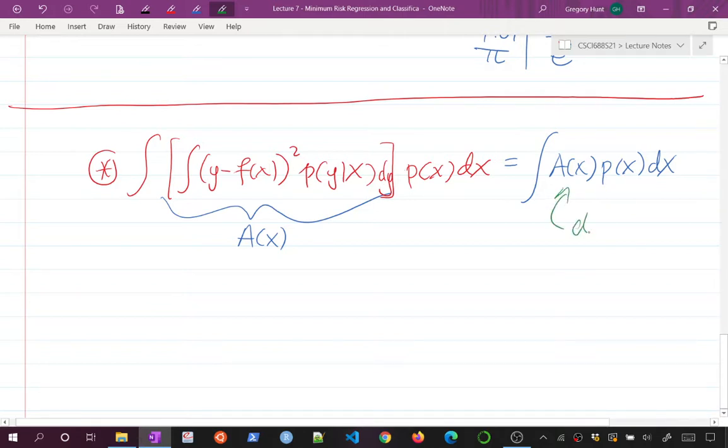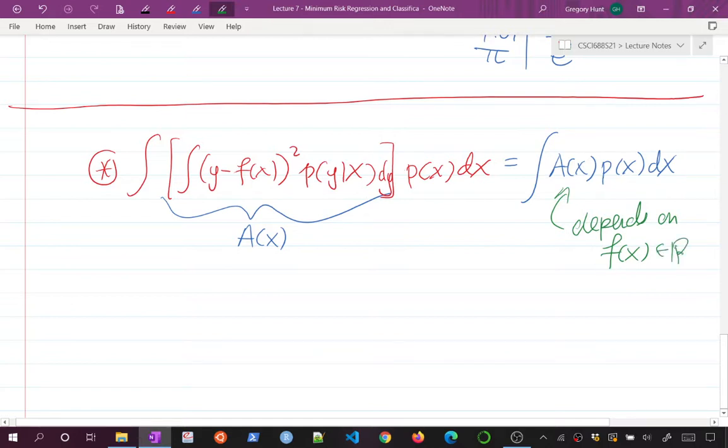And this a of x depends on f of x. And by f of x, I mean, when you do an integral, you think of it as summing up over all possible x. So for whatever the dummy variable x is, I don't mean the function, I mean it depends on the exact value.